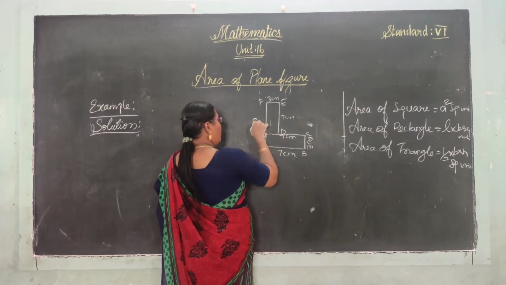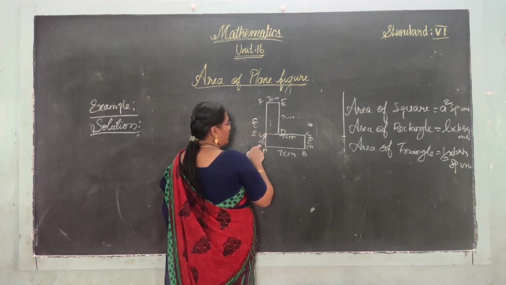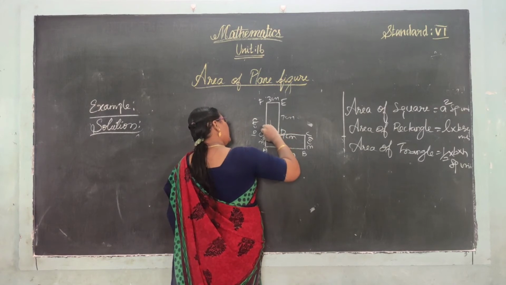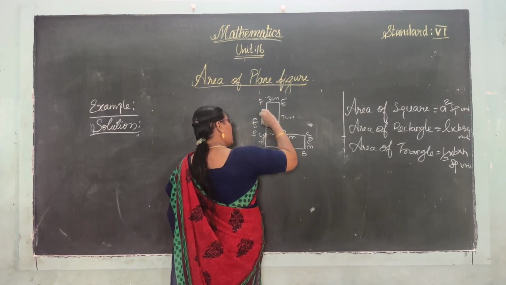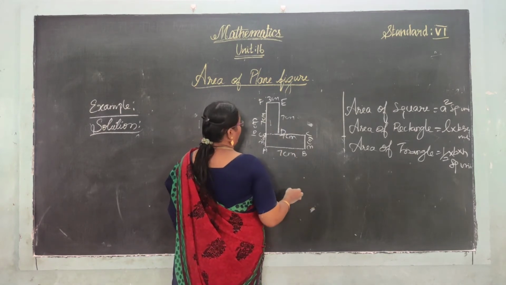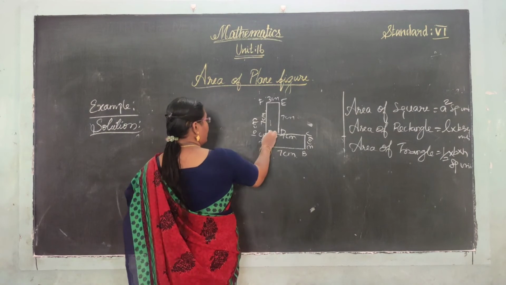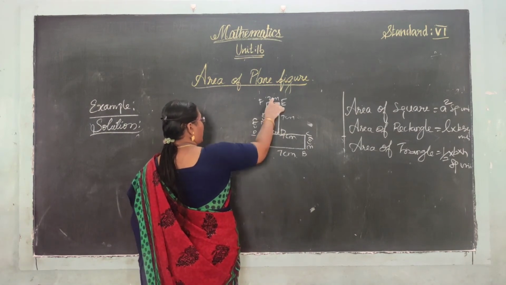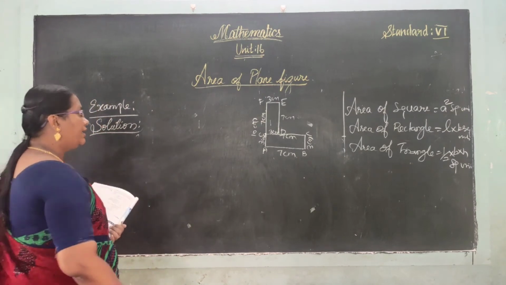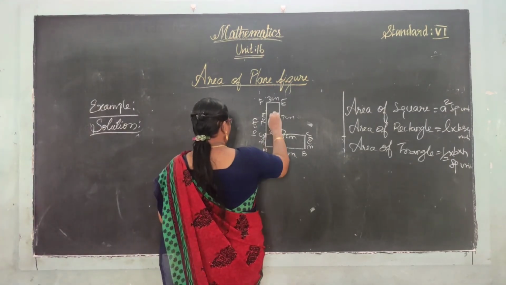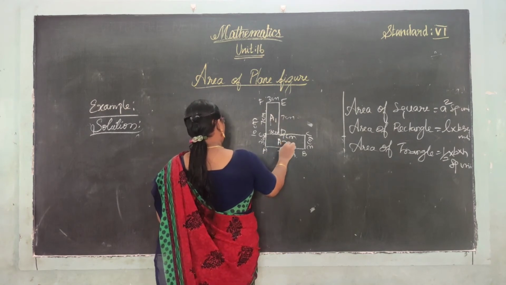So what is the whole part? 10 centimeter is there. Okay, so subtract 10 centimeter minus 3 centimeter. The GF is 7 centimeter. Okay, and here this one is 3 centimeter. Here also opposite sides are equal. Now calculate the area of the rectangles A1 and A2. Okay.